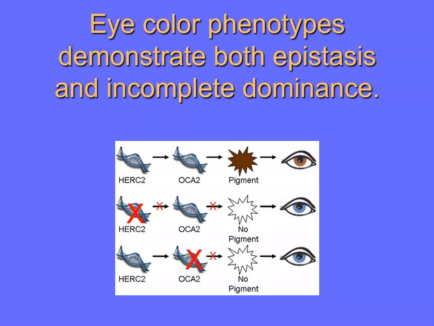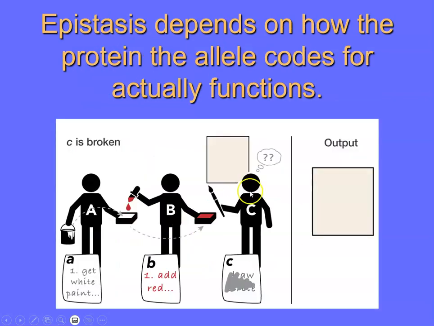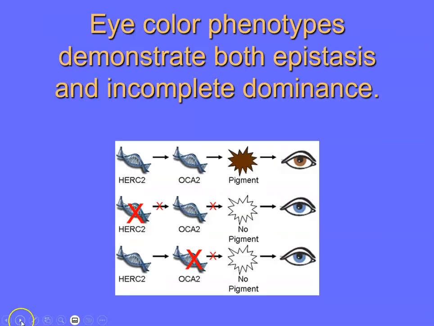And so again, these are two proteins that are working together to result in the production and deposit of that pigment on the iris. So as you can see in the first scenario, if both of those proteins, HERC2 and OCA2, are working properly together, then there will be pigment of the iris. But if either of them is not working, is faulty, or not coding correctly, then there won't be pigment, and that person will have blue eyes instead of brown pigmented eyes.